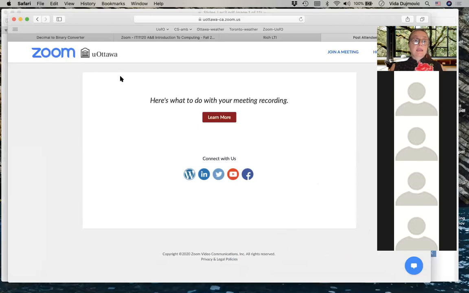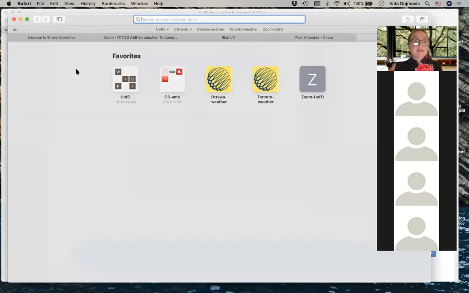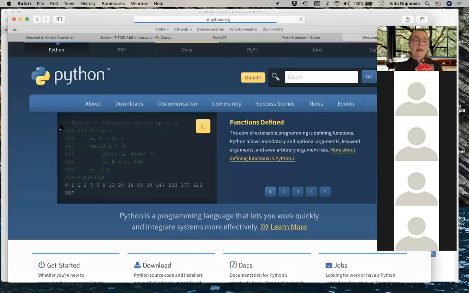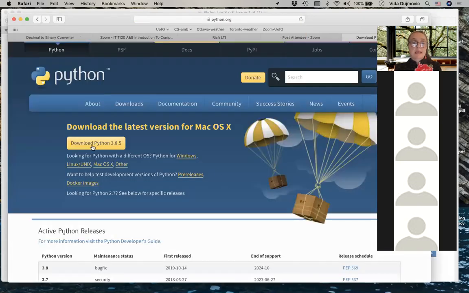So in case you didn't, go to the webpage python.org, go to downloads, click on whatever version you find there, and download it. It's going to install Python, and it's going to install a little piece of software called IDLE, which I will use because it simply comes pre-installed.